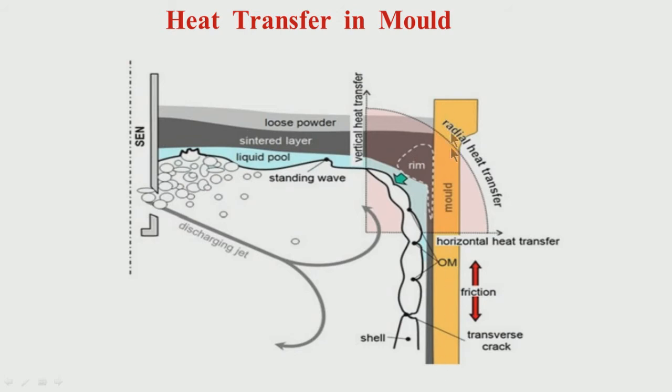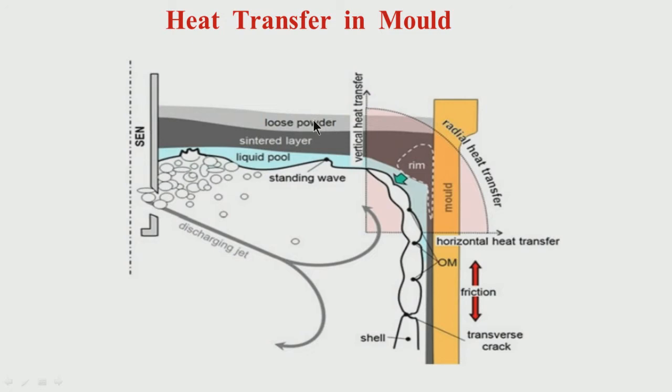This is the water cooled copper mold surface, and we have the sub-entry nozzle here. The liquid steel is discharged from the port of the sub-entry nozzle and goes inside the mold. If you look inside the mold, this is the liquid steel, the liquid pool, and this is the powder you add at the top of the liquid steel.